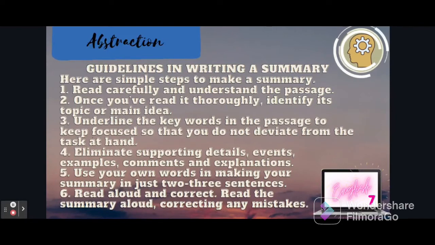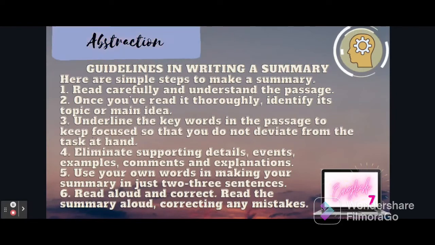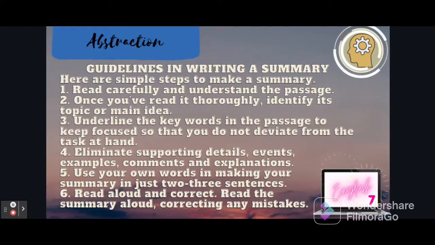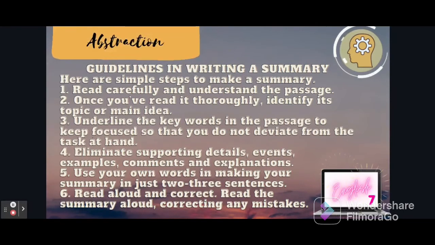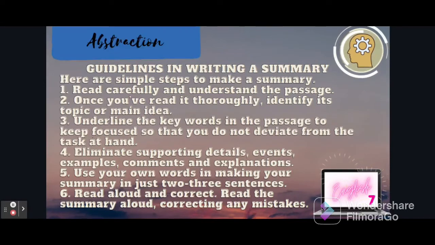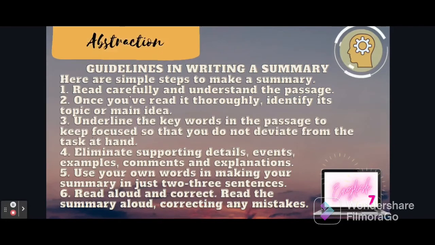let's have these guidelines in writing a summary. Here are simple steps to make a summary. Number one, read carefully and understand the passage. Number two, once you've read it thoroughly, identify its topic or main idea. Number three, underline the key words in the passage to keep focused so that you do not deviate from the task at hand.